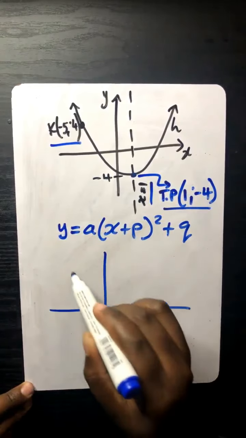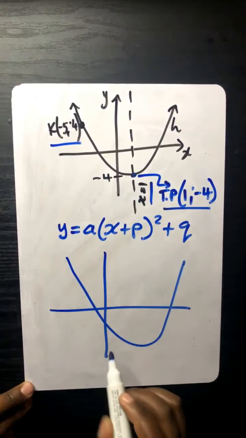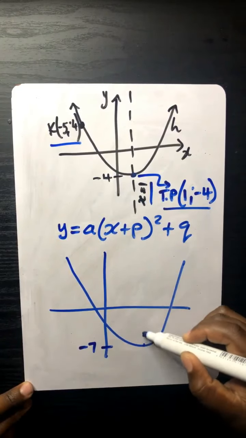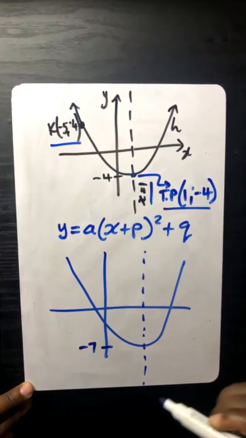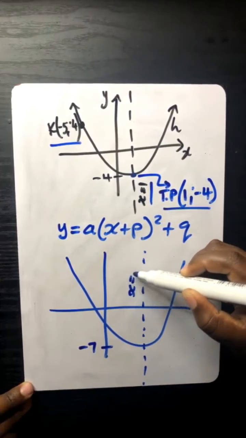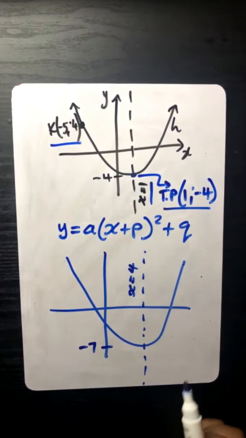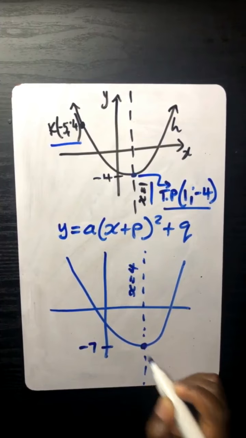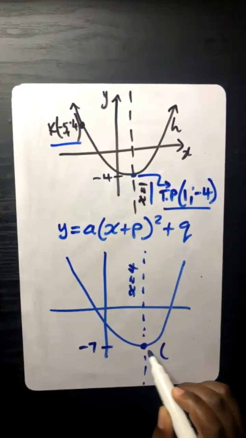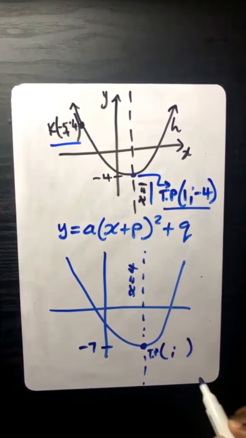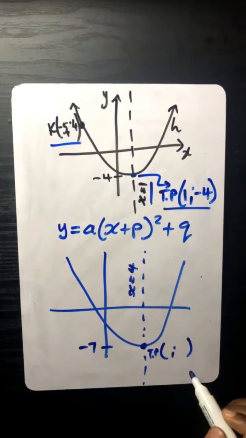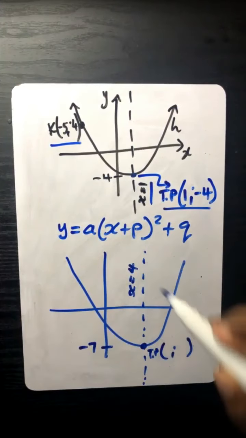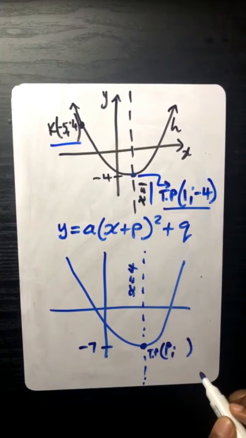So let me do that again, and maybe this time around let me do it that way. Let's say this is -7, and they say the axis of symmetry, let's say they say x equals 4. So Lerato, they don't need to tell you that the turning point is whatever and whatever. So the examiner will try to be tricky. So always I say the axis of symmetry is your p value.